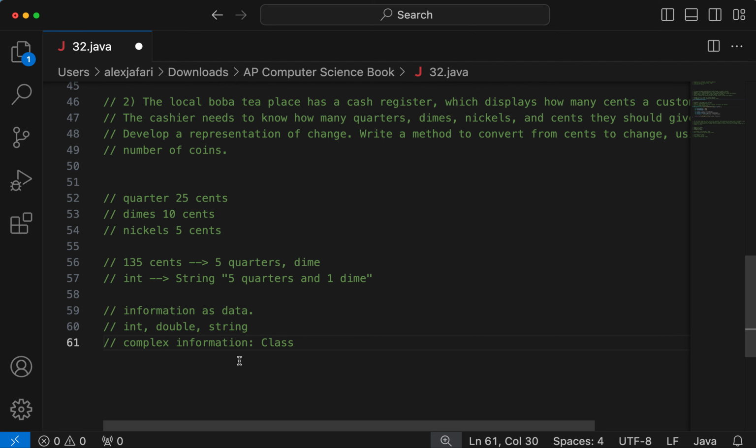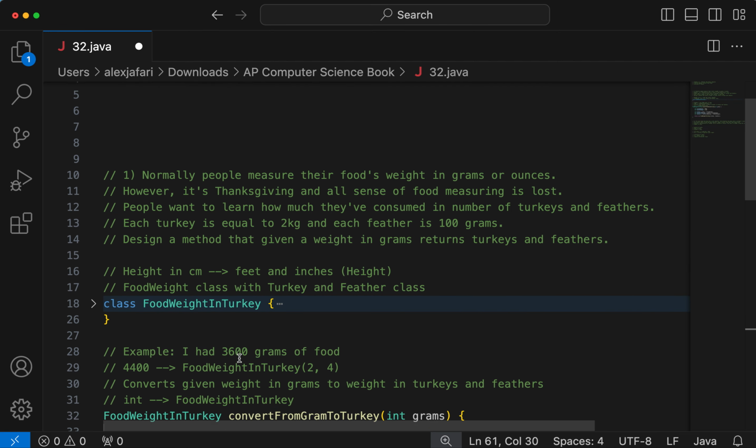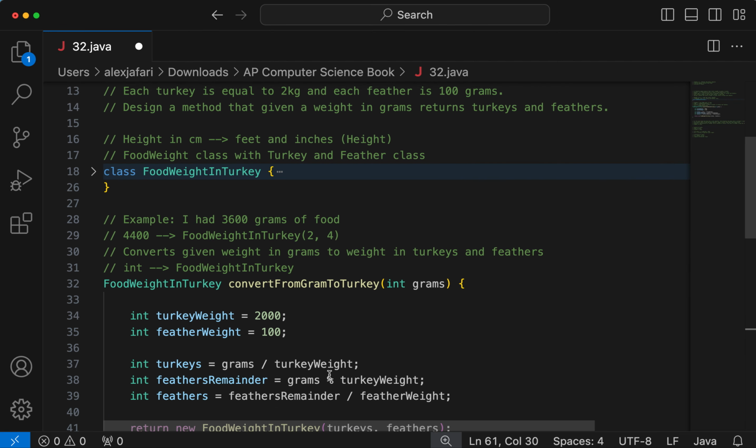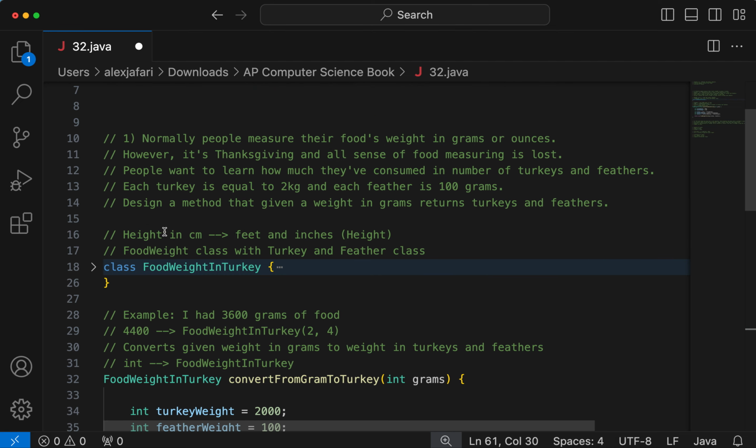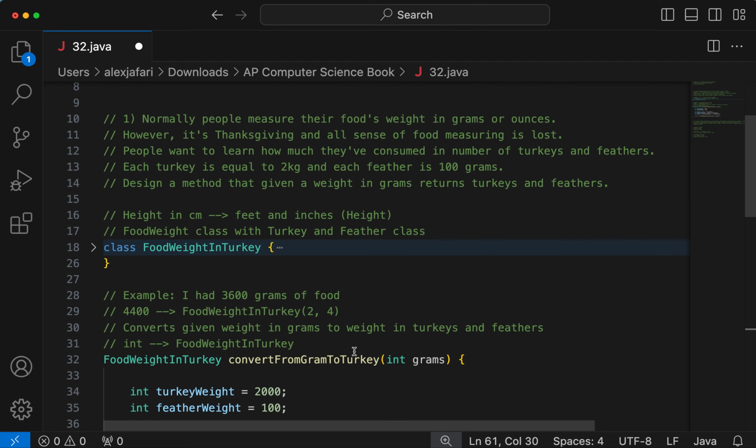Similar to how we did it in height, we can have a class.